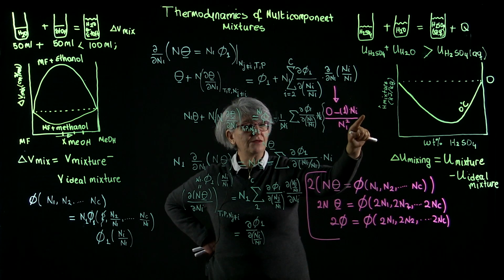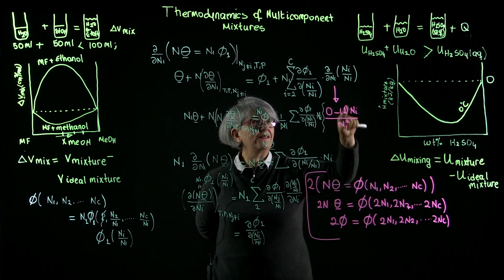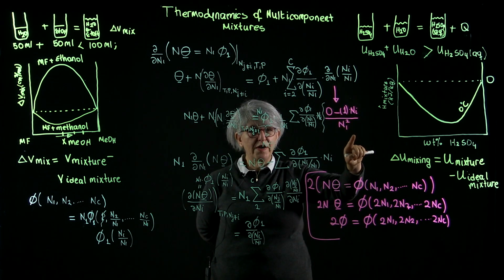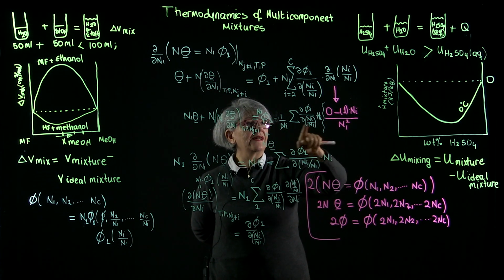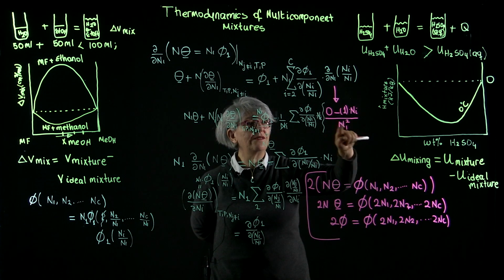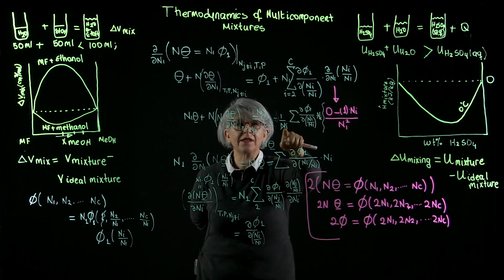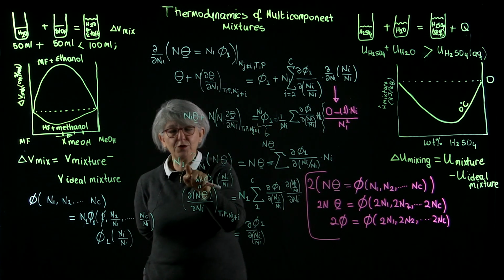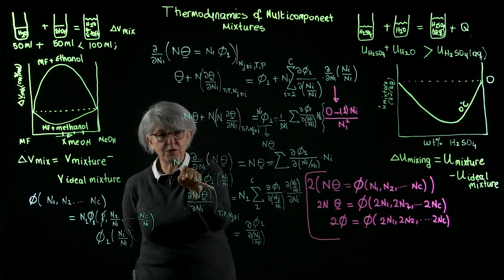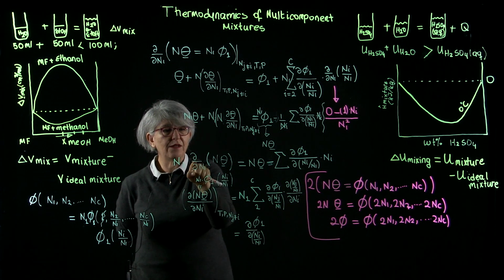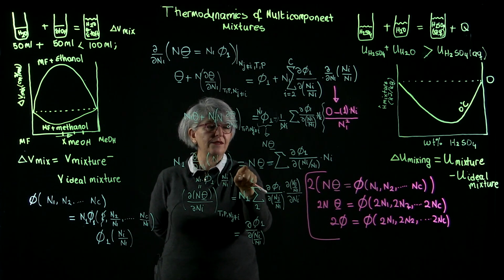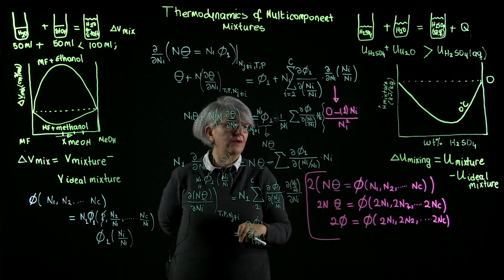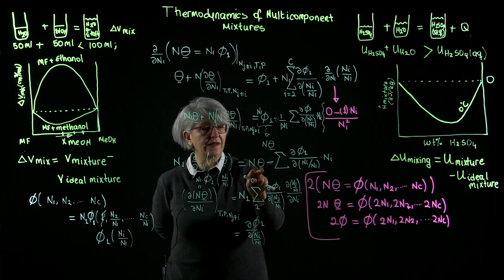We found that the derivative of ni over n1 with respect to n1 is equal to minus ni over n1 squared, and we have n1 cancelling this n1 squared to get this n1. Then we multiplied both sides of this equation by n1, and finally we obtained that del over del n1 of n times theta is equal to n times theta minus this group of algebra. How did we arrive at here?